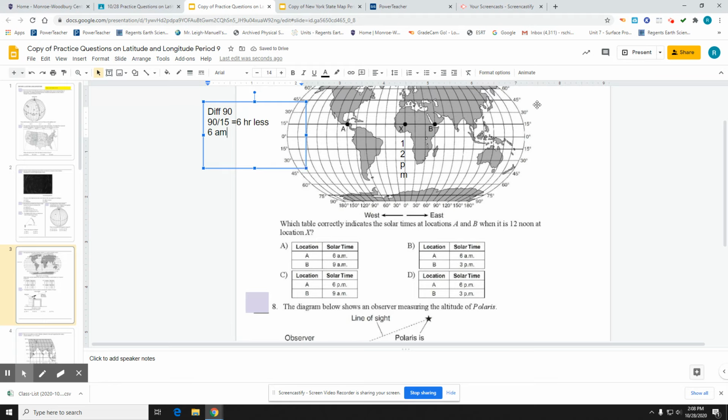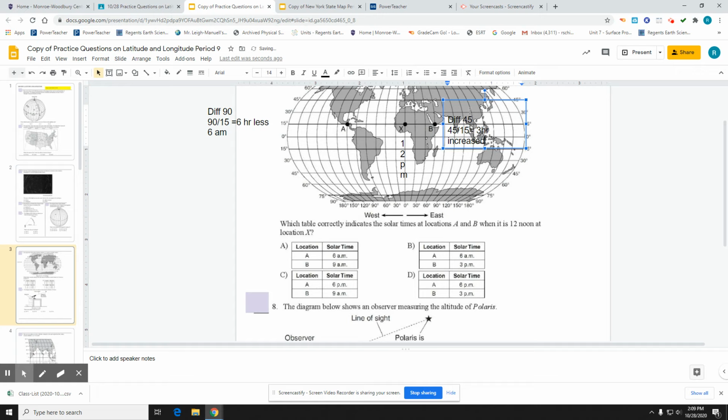On the other side, location B is located at 45 degrees, so the difference is 45 degrees with location X. We take the difference and we divide that by 15 and find out that we have a 3-hour difference, and that 3-hour difference is going to be an increase because we're to the east.